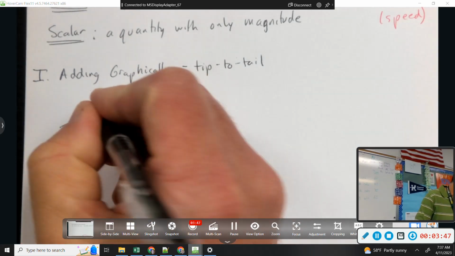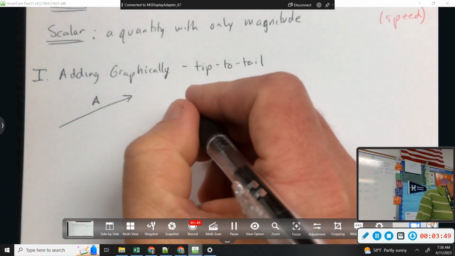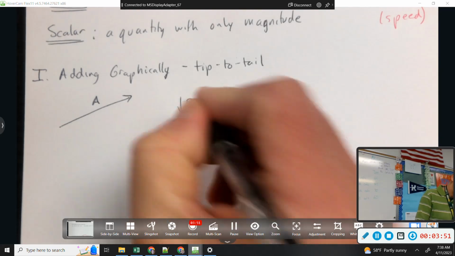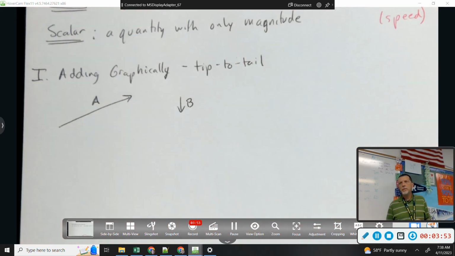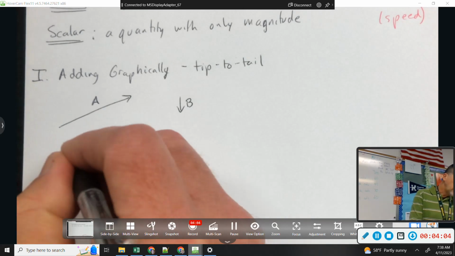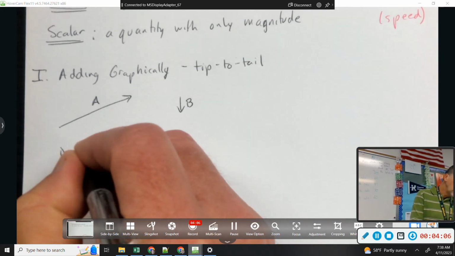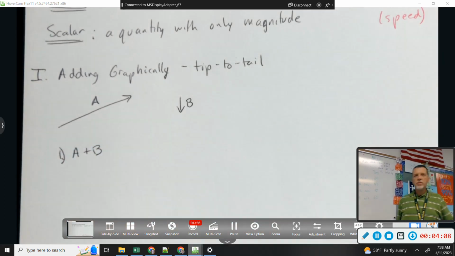So no rulers necessary. Let's say that's vector A, and that's vector B. Vectors, because not only do they have a length, they have a direction. They've got an arrow associated with them. So A plus B. Vectors are kind of like following directions, right?